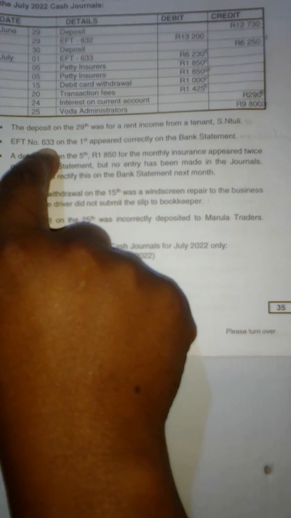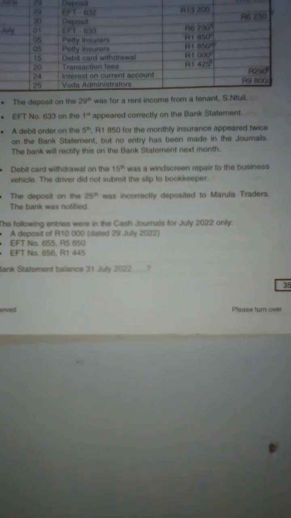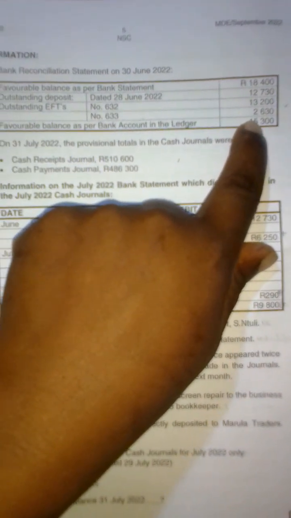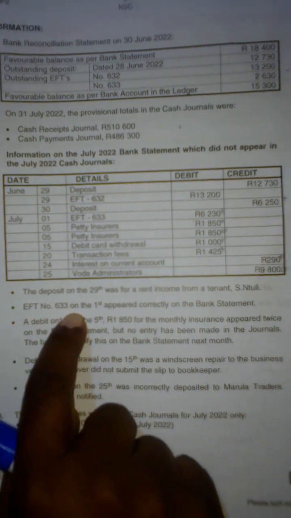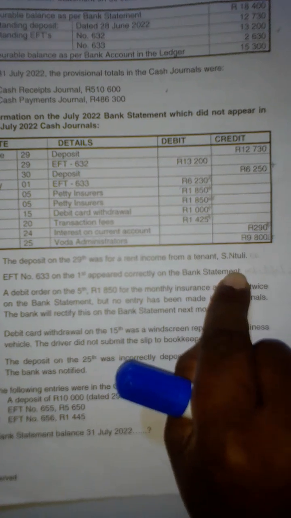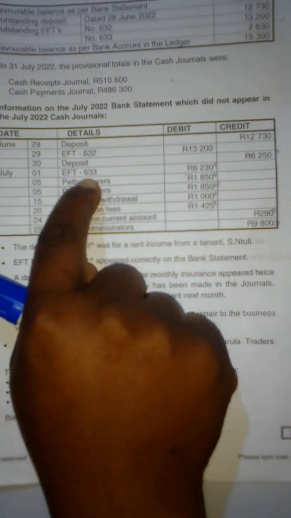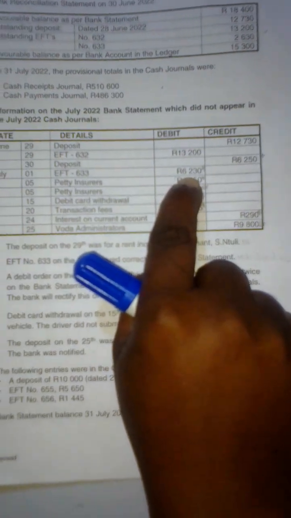Let's move on to bullet number 2. EFT number 633 on the 1st appeared correctly on the bank statement. EFT number 633 is appearing on the bank recon from the previous month. You can see that it's recorded at 2,630. But they are saying here that the EFT number 633 appeared correctly on the bank statement. If you go to the bank statement, we can see that EFT number 633 is recorded as 6,230.